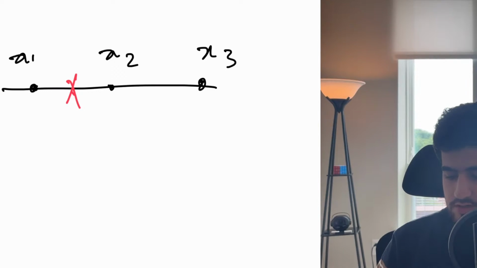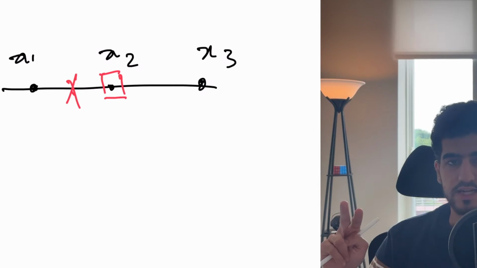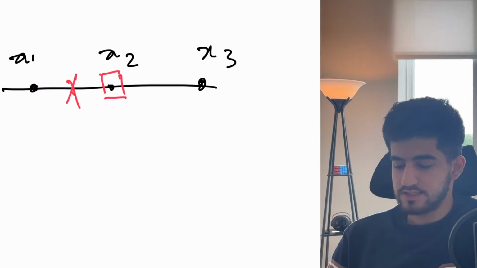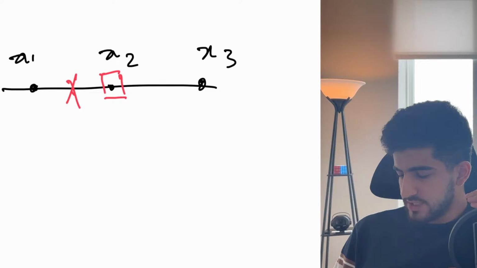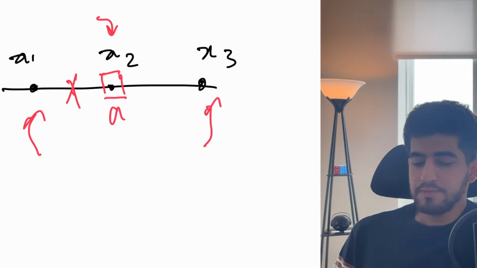But it can be shown that it is the best if we choose it as the middle point. If, for example, we sort these 3 points, and we choose the middle point as our point a, our answer is going to be the maximum minus minimum. And this is the minimum value for this answer.